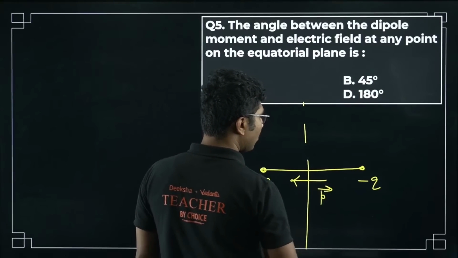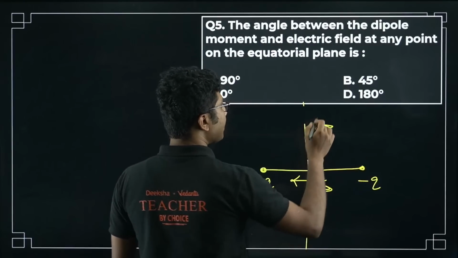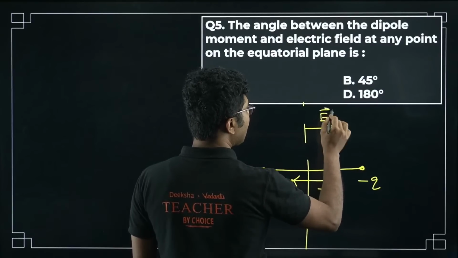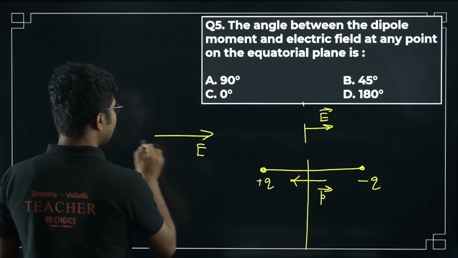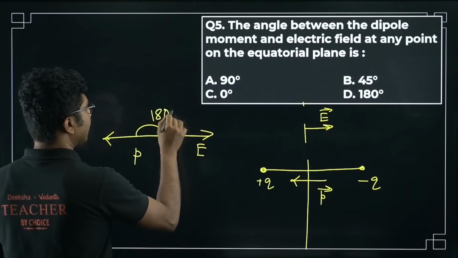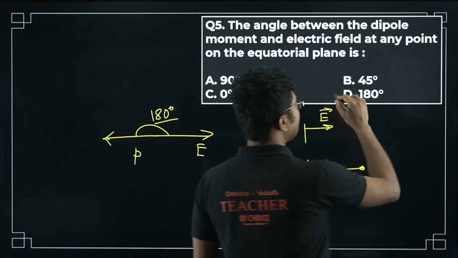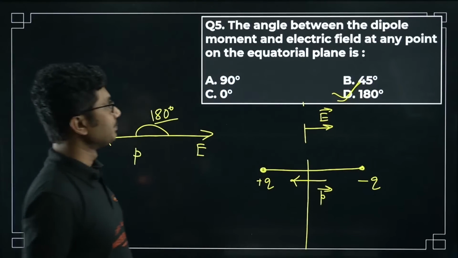So this is the dipole moment, and the electric field on the equatorial plane is from positive to negative. So this is the direction of electric field. So they are basically at an angle. This is electric field, this is dipole moment. So the angle will be 180 degrees, not 90 degrees. Don't get confused. Angle will be 180 degrees.